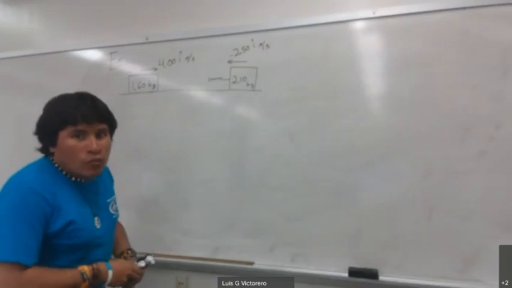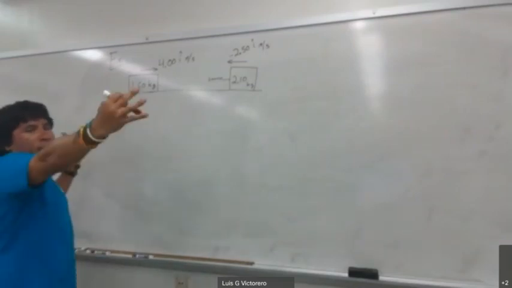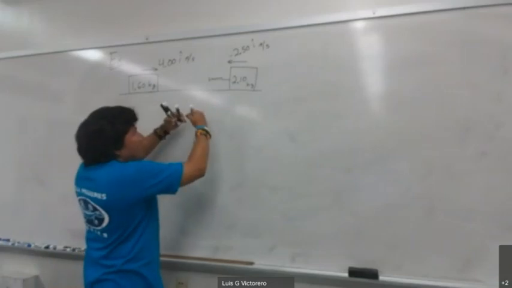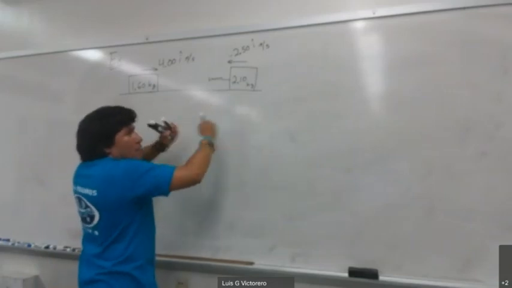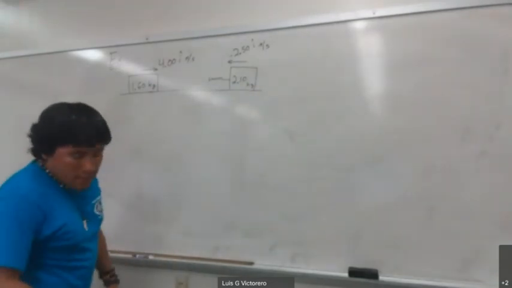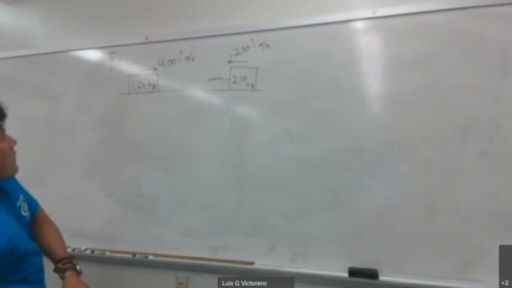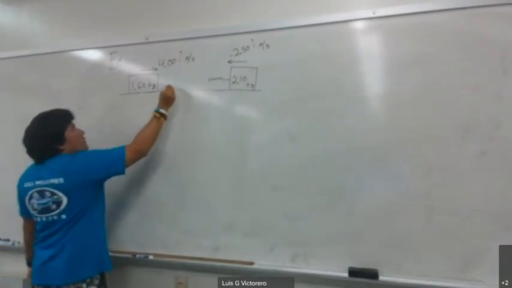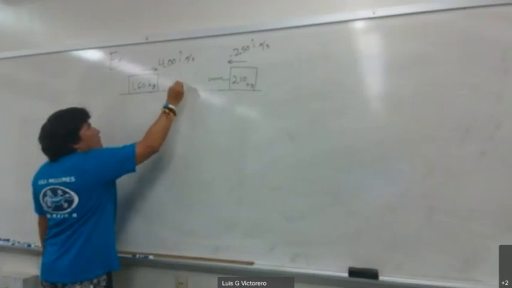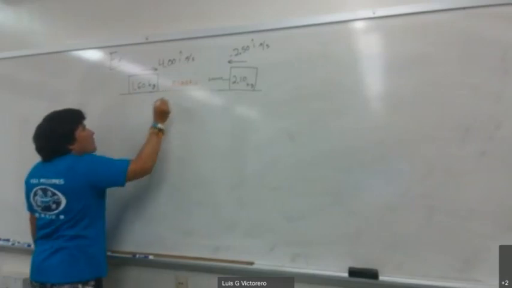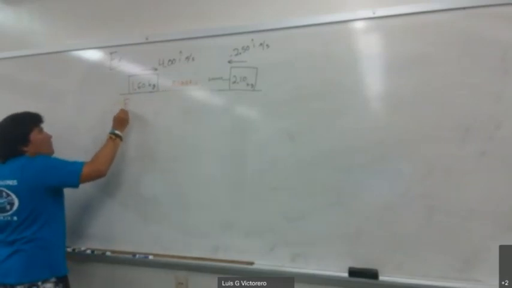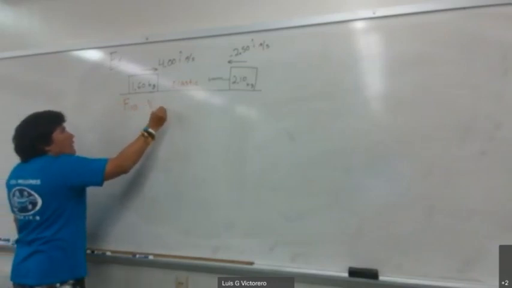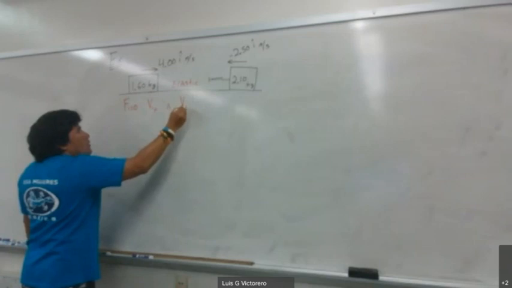Find the velocities of the blocks after the collision. So they're going to come together, the spring is going to compress, and then they're going to separate. So V1 final and V2 final.